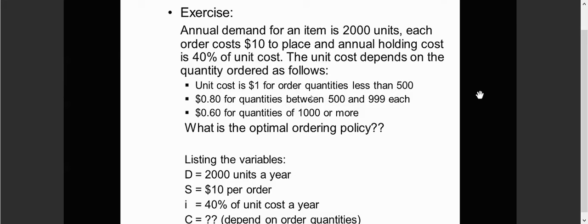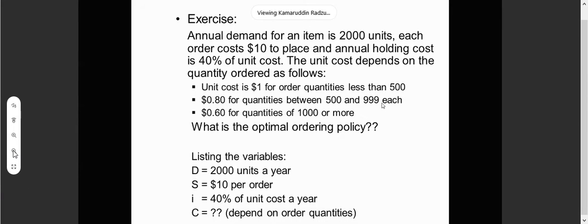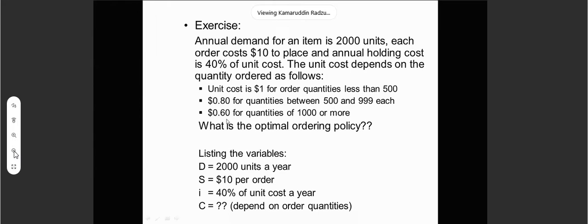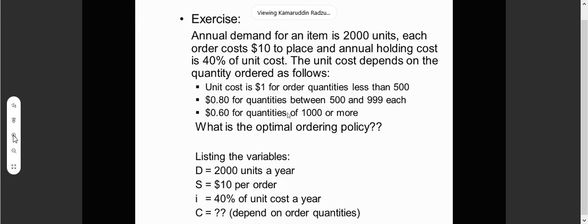This is the quantity discount price: a unit cost of 1 ringgit for order quantity less than 500, 80 cents for quantities ordered between 500 to 999 units, and 60 cents for quantities ordered of 1,000 units or more.